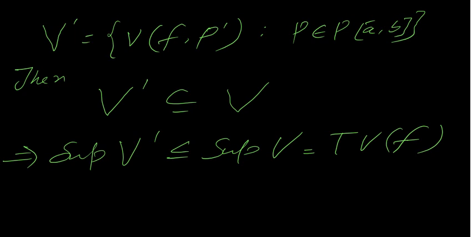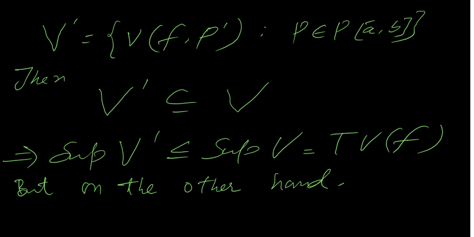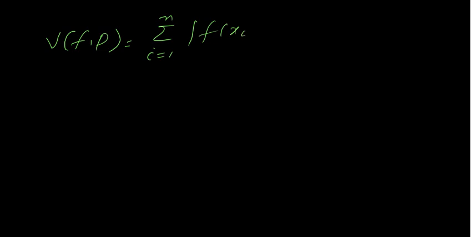But on the other hand, we have the following. For any partition P, the variation of F over P, with partition points x0, x1 up to xn, is equal to the summation, i runs from 1 to n, of mod of f of xi minus f of xi minus 1.